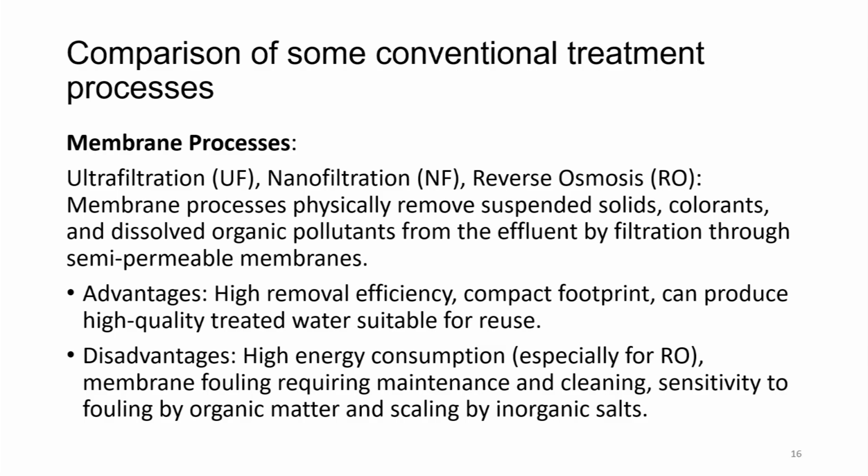So, the advantages are very good, whereas the disadvantages are the high energy consumption, especially for reverse osmosis, and we have seen that the ROs that are fitted in our homes also have the same fundamental. Membrane fouling requiring maintenance and cleaning, sensitivity to fouling by organic matter and scaling by inorganic matter, and that is a serious problem with these membrane filters.